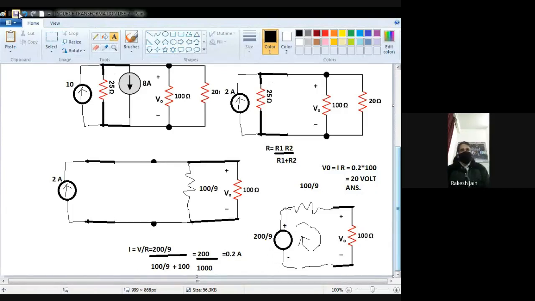In this numerical, we convert a current source in parallel with a resistance into a voltage source in series with a resistance. If you understand the technique, type okay sir in the message box and send me a snapshot.